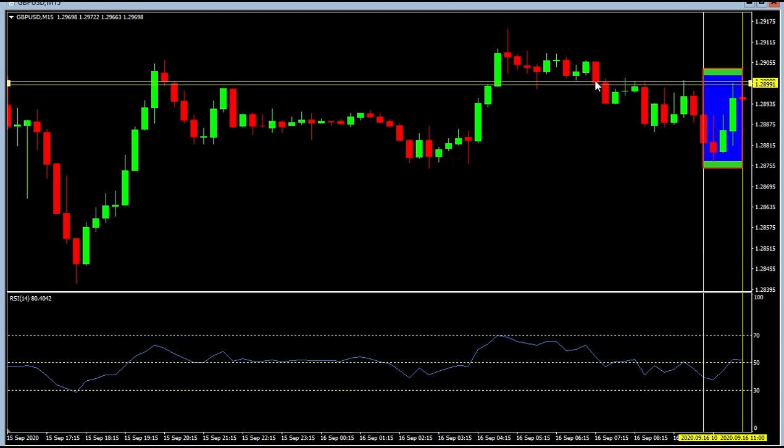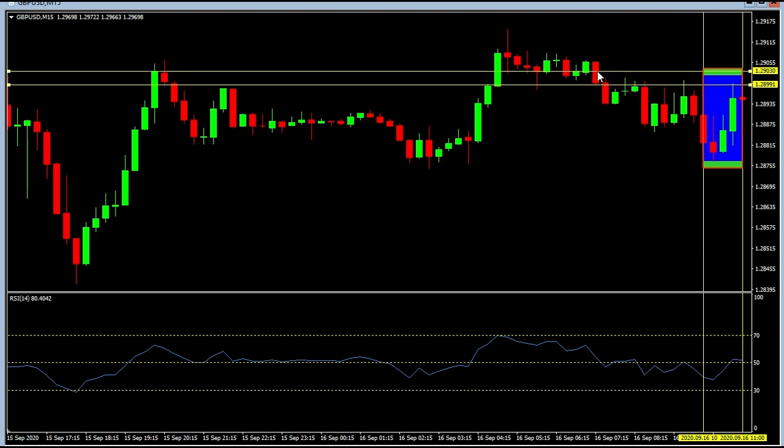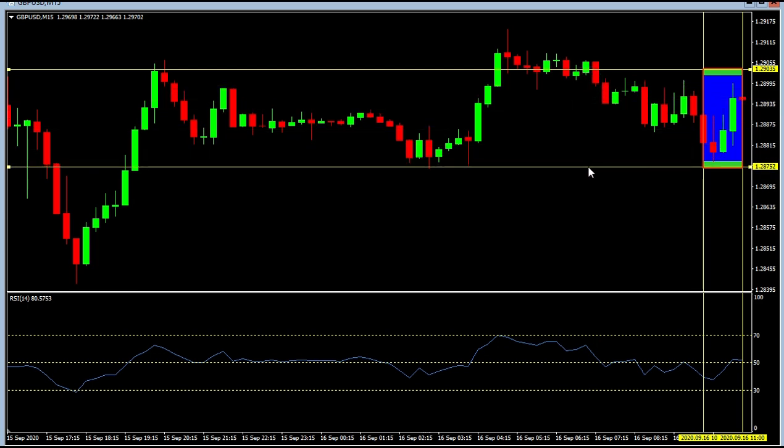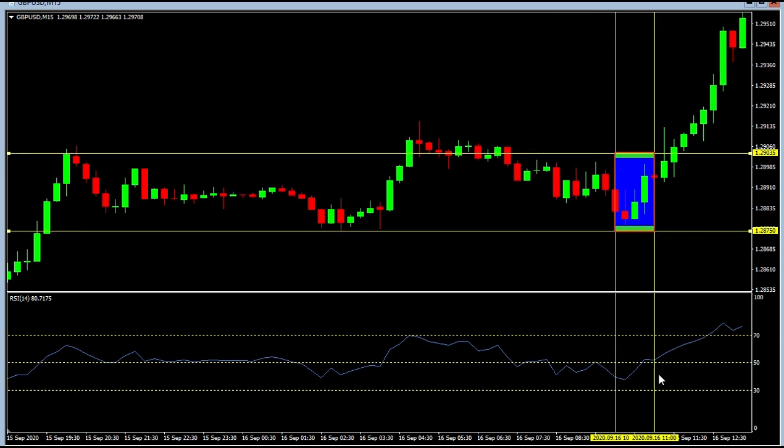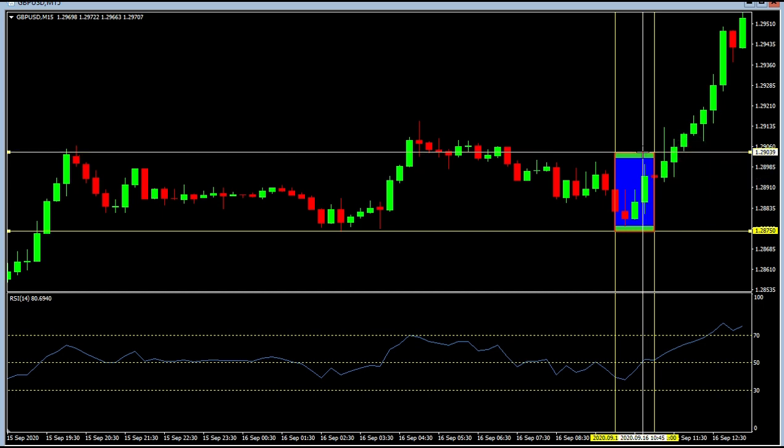Again, the next day, here is the high, and here is the low. And you look at the last candle. Where is the RSI going? RSI is going up, so you place a pending order to buy here, and you put your stop loss here.